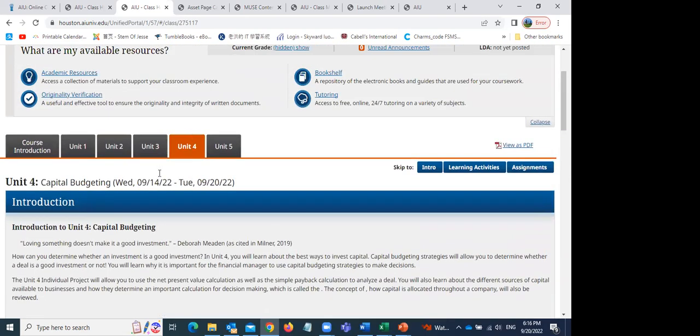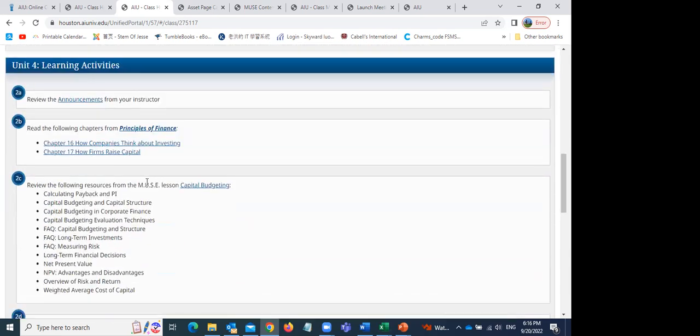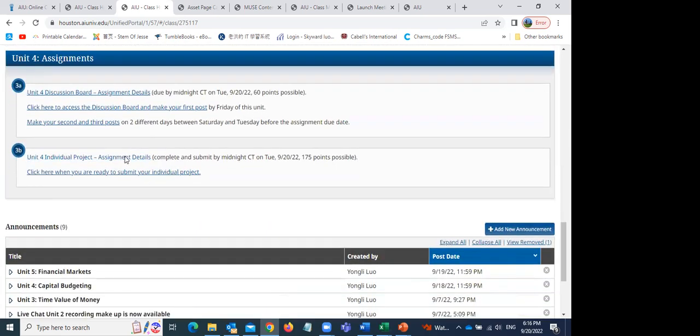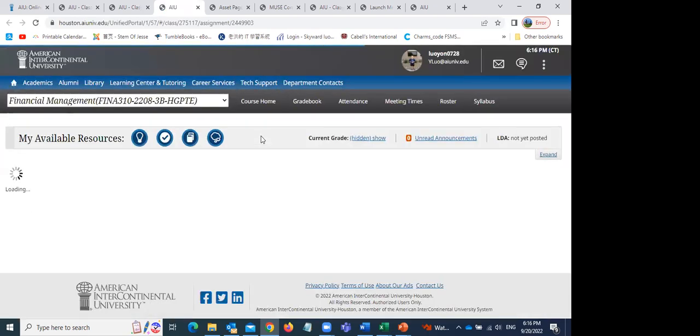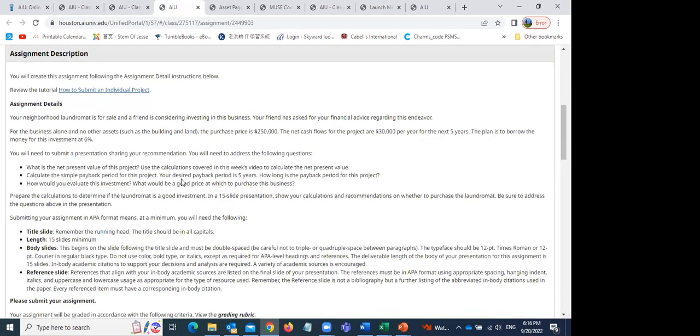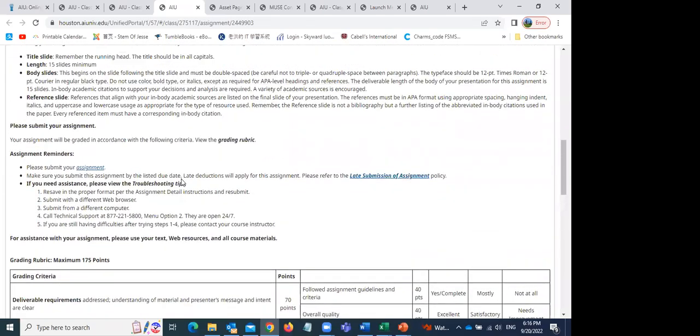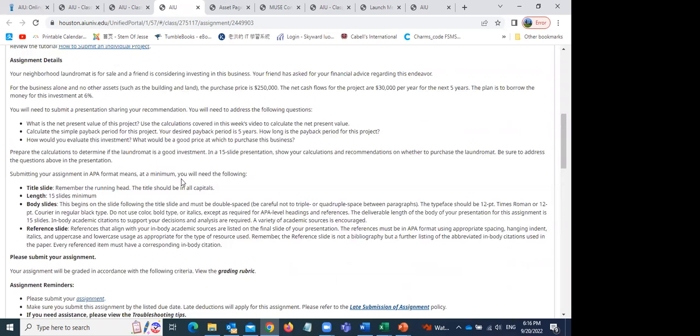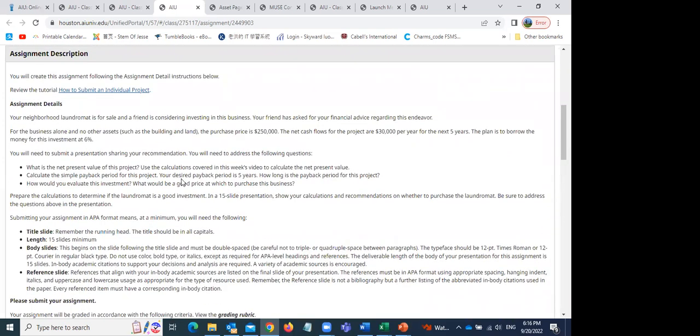Now let's go back to our assignment. The individual project is that your neighborhood laundromat is for sale and a friend is considering investing in this business. Your friend has asked for your financial advice regarding that endeavor.